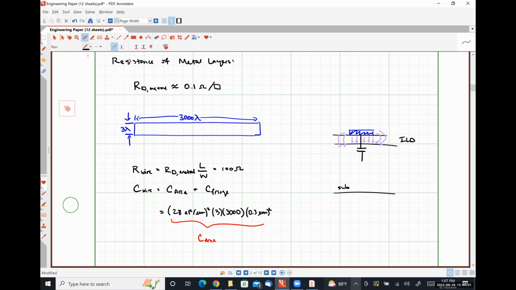And then for our fringe, look at the table if you have it. What are the units? The per micron thing is what's important here. So what do you think that implies? Right, but it's actually, the fringe extends from the boundary of the plate.